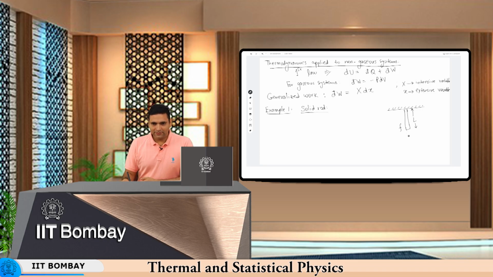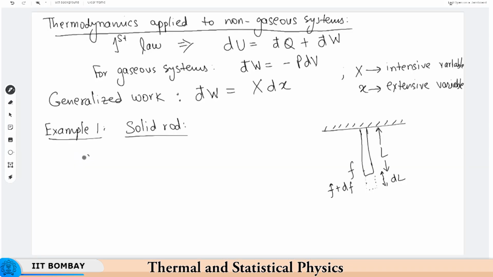And say we apply a slightly greater tensile force. This is a tensile force because it is stretching the rod. If I apply F plus dF to this system, adding a little bit more load, then the length of the rod changes by dl. So, clearly, what is the work done in this case? The generalized work X dx becomes the tensile force multiplied by the change in length.